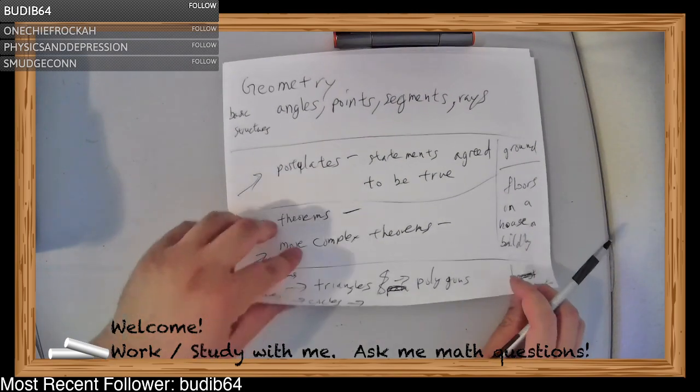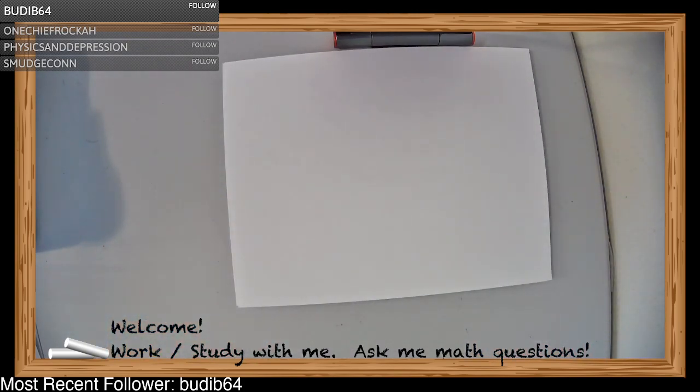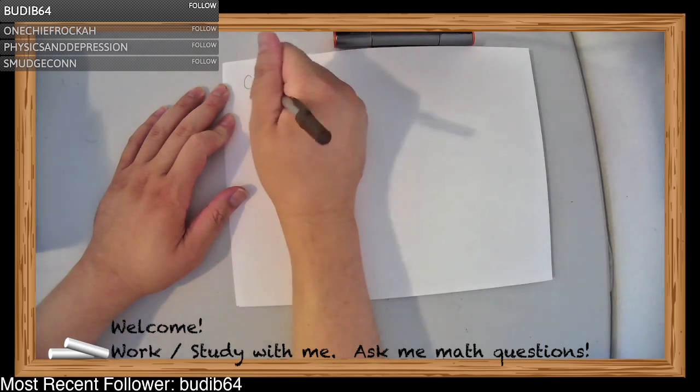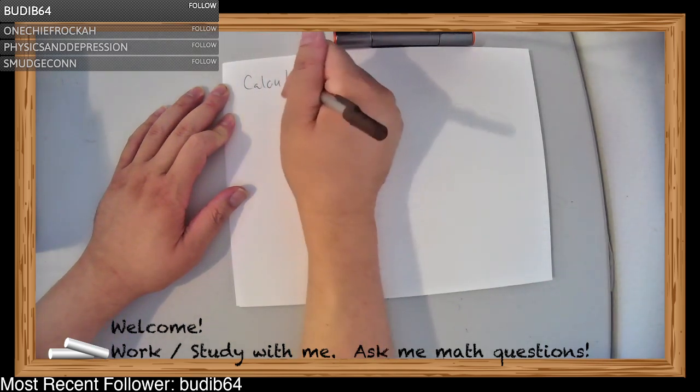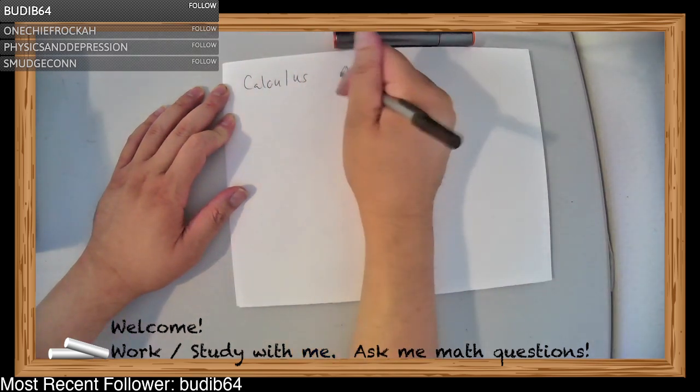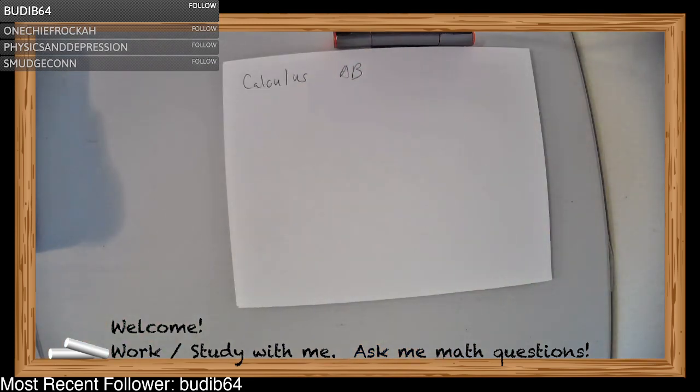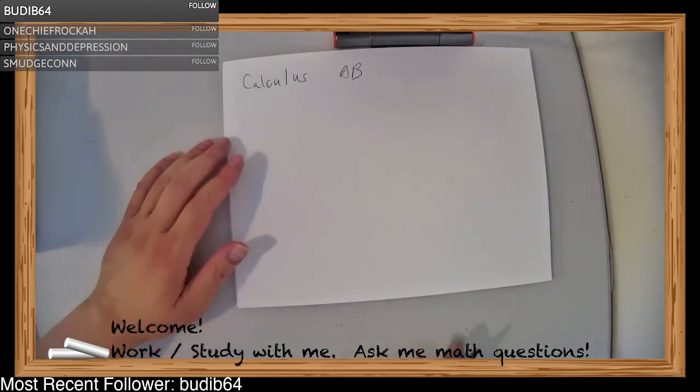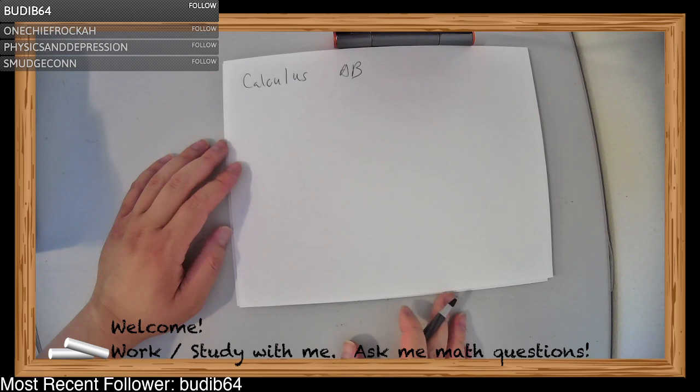Okay, let's do calculus, because that's the sort of very easy one. I'm talking about calculus AB here. So calculus AB has some pretty simple stuff.